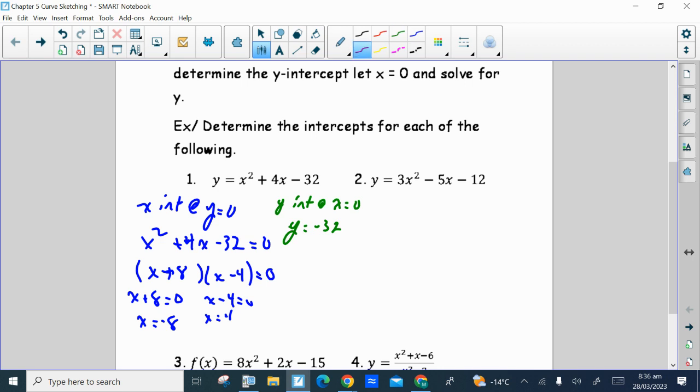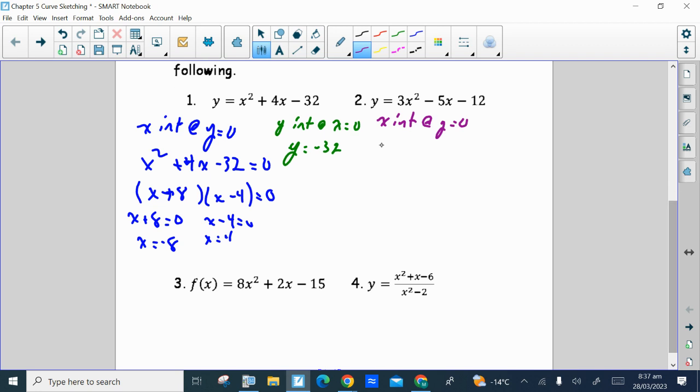Okay, question 2. Again, our x-intercept is where y equals 0. So it's where the quadratic 3x squared minus 5x minus 12 equals 0, which we can solve again by factoring. The front terms multiply to get 3x squared, so it's 3x and x.